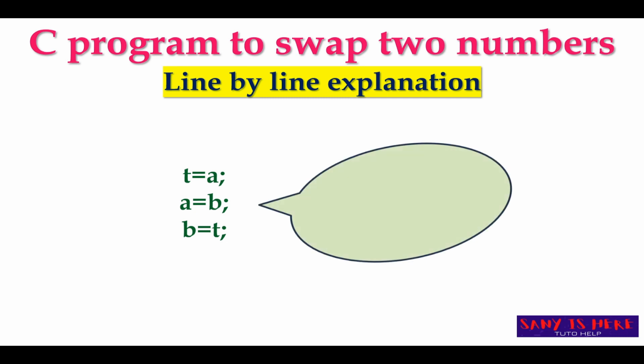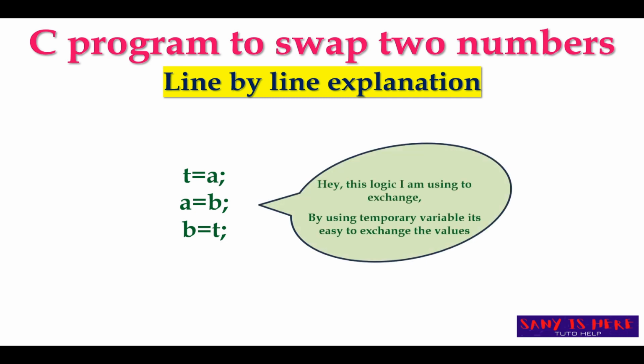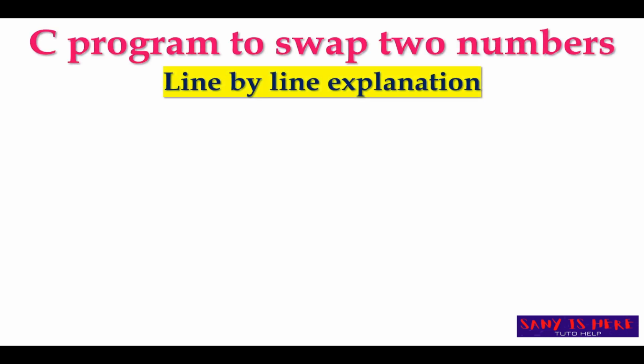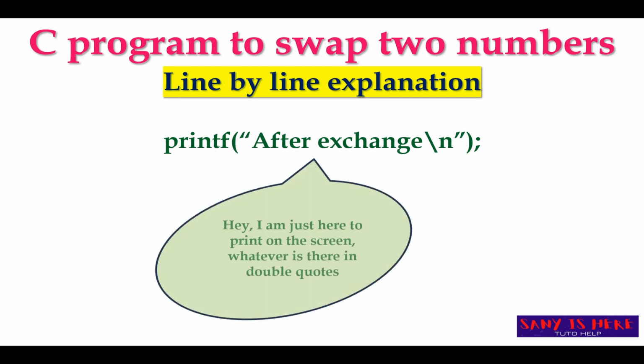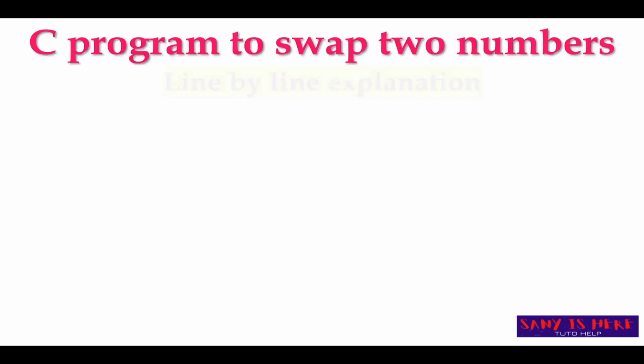And this is the exchange process, this is the logic we are using, and by using the temporary variable, it's very easy to exchange. And the next line is printf "after exchange", which means whatever there is in the double quotes will be printed on the screen. Hey, I am just here to print on the screen whatever is there in the double quotes.